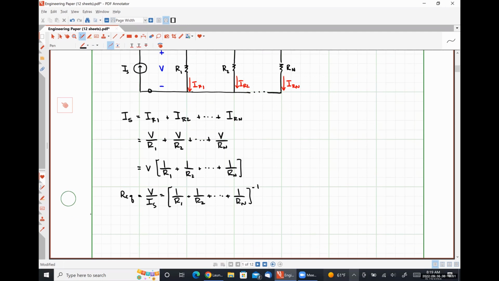In slightly fancier mathematical notation, our equivalent resistance is 1 over the sum from i equals 1 to n of 1 over R sub i.